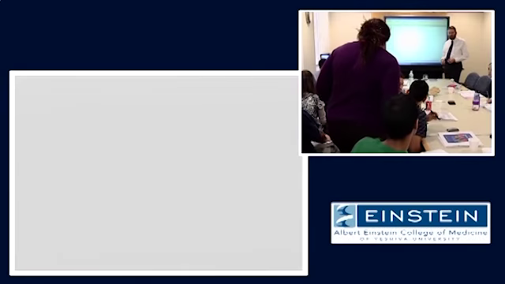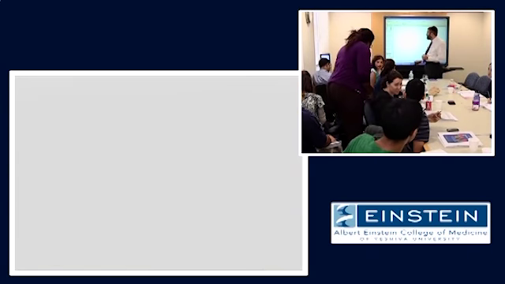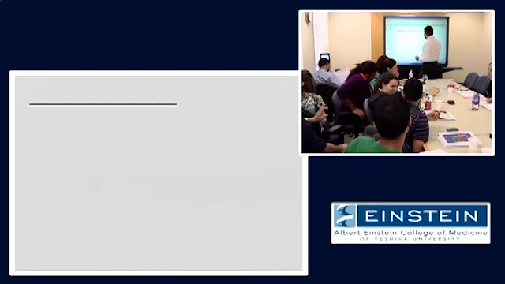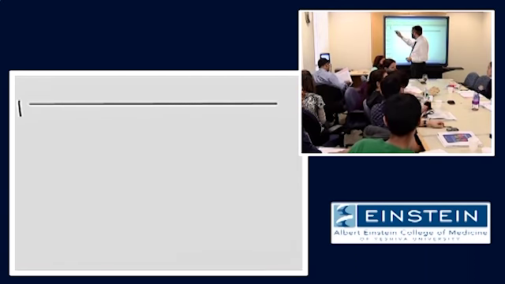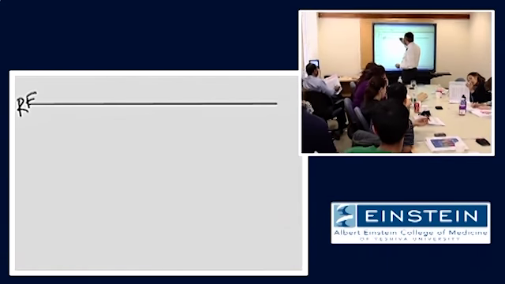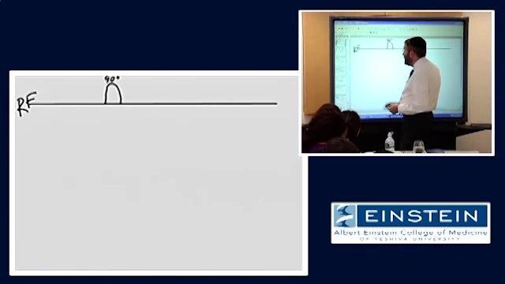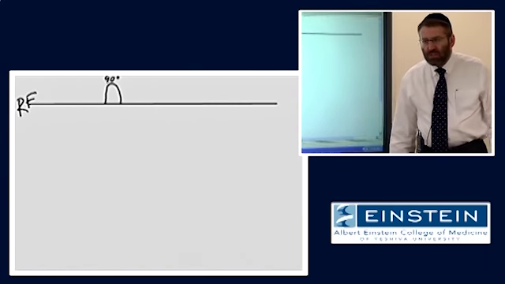Okay, so we're going to talk about something a little bit different. In all of these pulse sequences that we've talked about so far, the first thing that we did was turn on an RF pulse, which I'm going to go back to 90 degrees just to keep things simple.